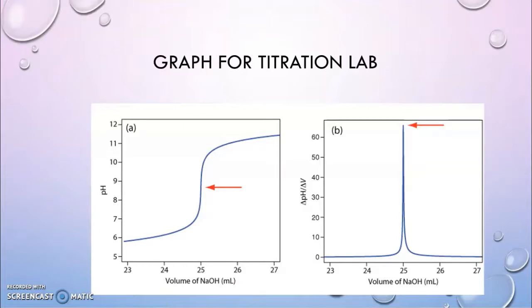In your laboratory manual, there are instructions shown to you, and you are required to calculate the changes of pH over the changes of the volume, and plot a graph of changes of pH over changes of volume against the volume of sodium hydroxide.